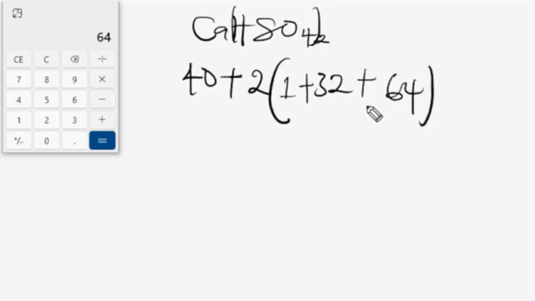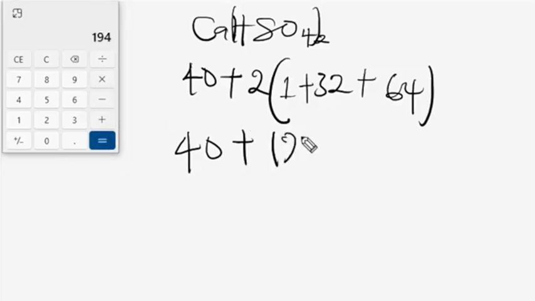When we add everything in the bracket, we'll have 64 plus 32 plus 1. So 97 times 2 here will be 194.